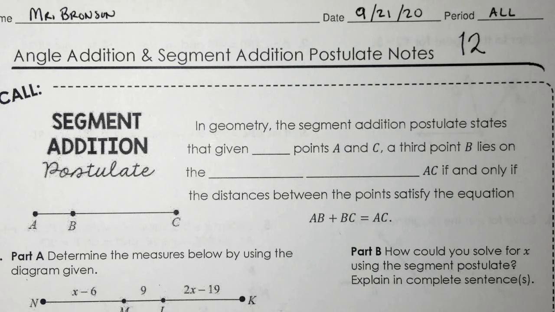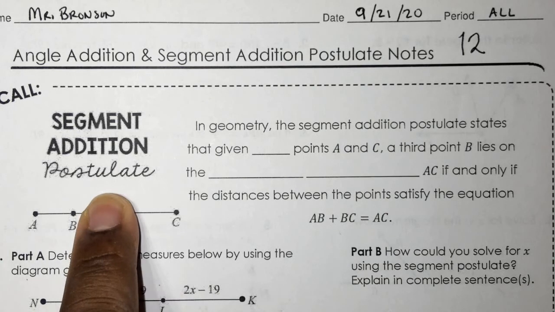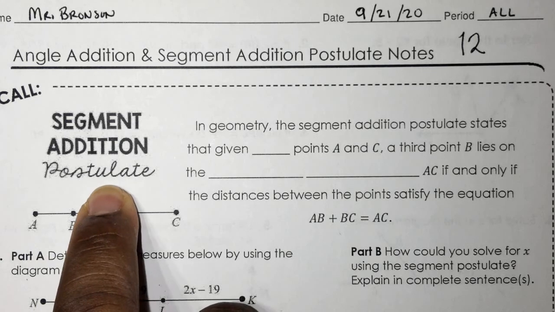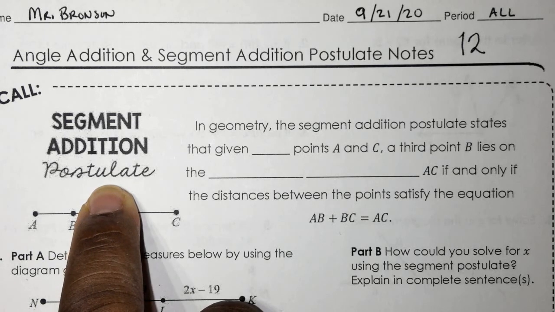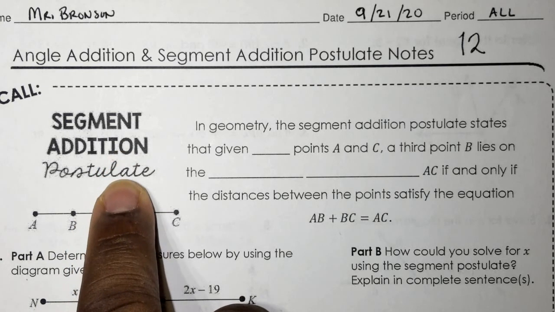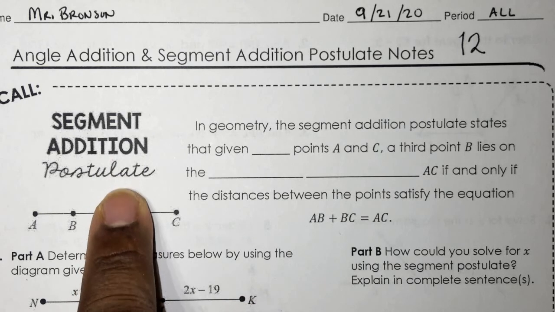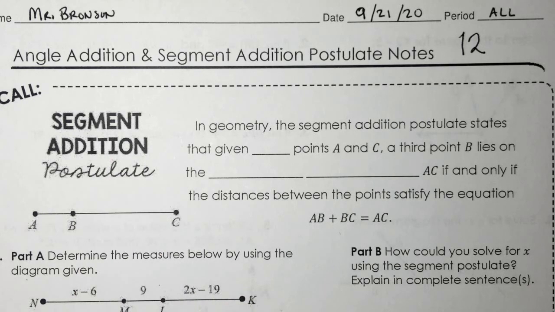We call it recall because we've actually already taught you segment addition postulate. We taught you that when we did the midpoint and distance stuff, midpoint and endpoint notes. But we're just going to recap it real quick for you.